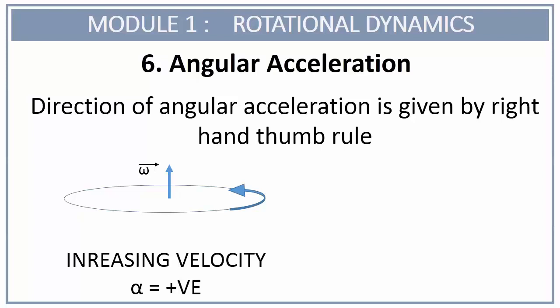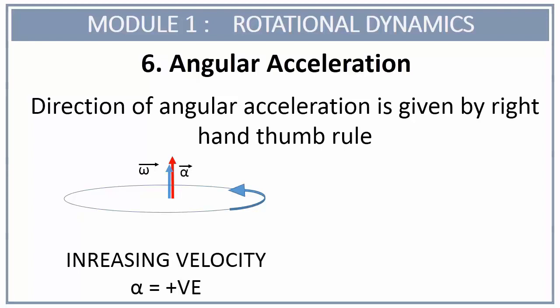Similarly, if a particle is performing circular motion with increasing velocity, then its angular acceleration is directed towards the angular velocity. And in this case, alpha is positive.